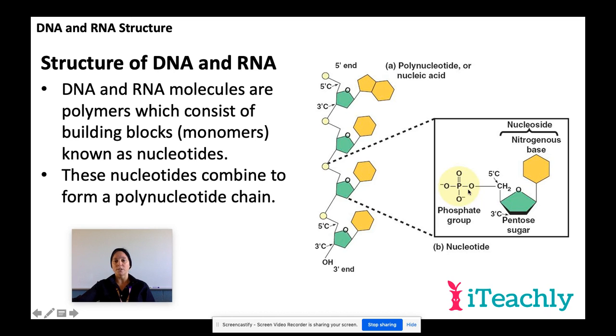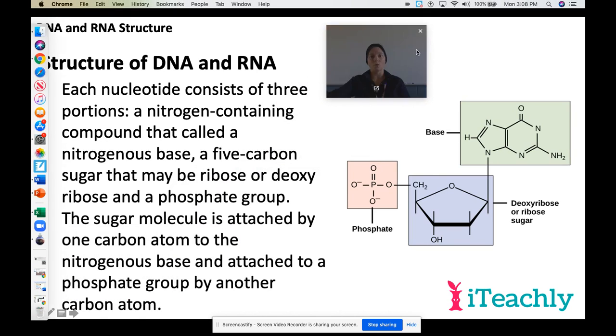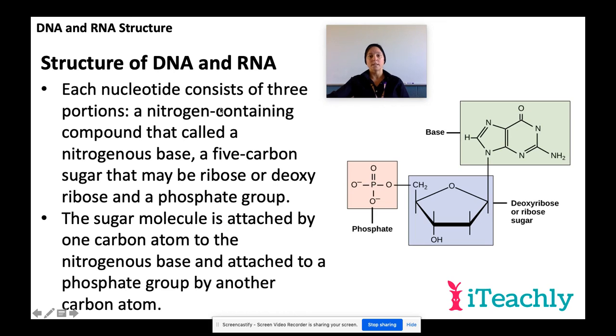And this nucleotide is then repeated. Here's one, here's one, here's one, here's one. So notice we've got many of those nucleotides creating that polynucleotide.